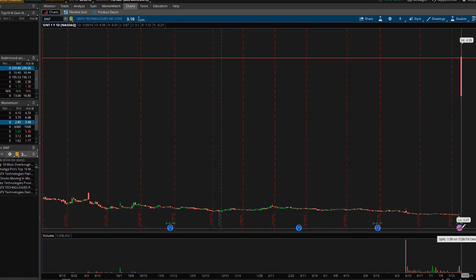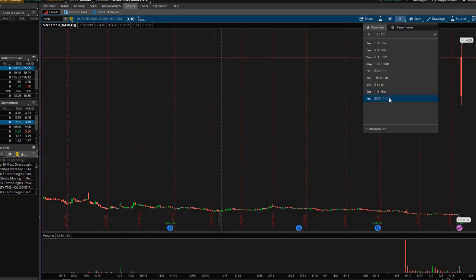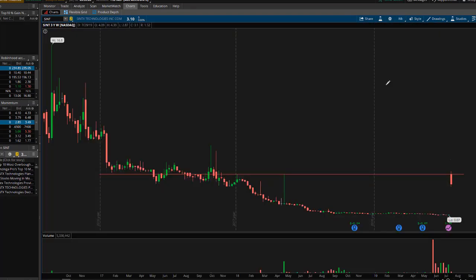Since we cannot identify it, let's look at the 3-year chart. Just as a pointer, when we mark the support and resistance, we're calling them areas. So we're not looking specifically for a price, we're looking for an area of supply and demand. As you can see over here, there's definitely an area of supply and demand for the stock.